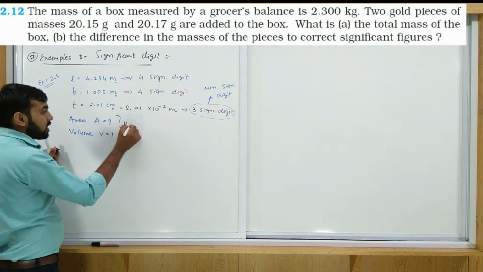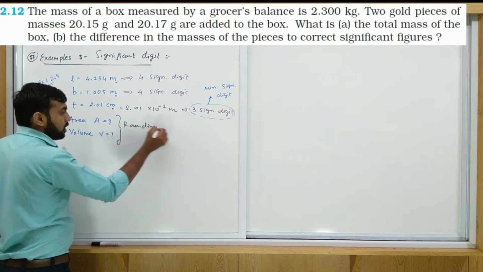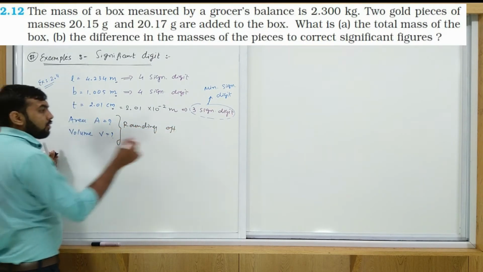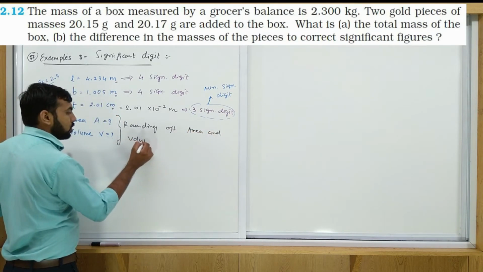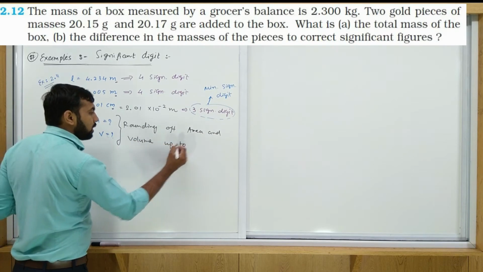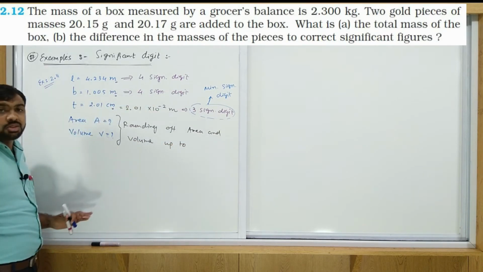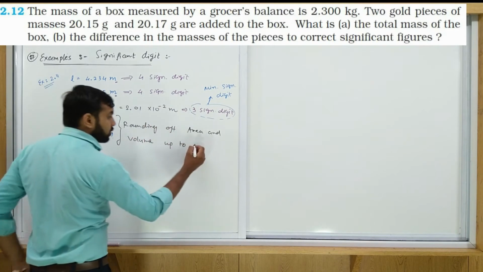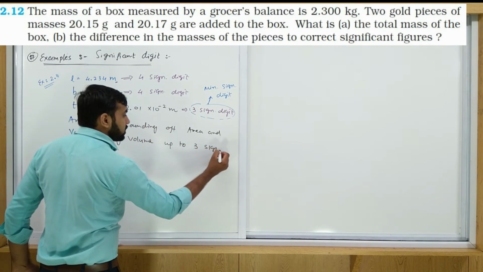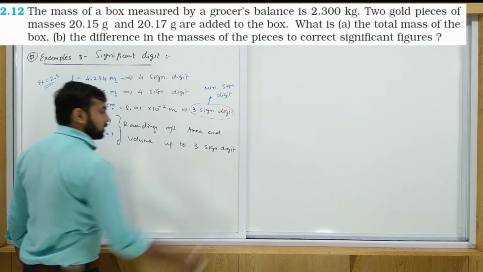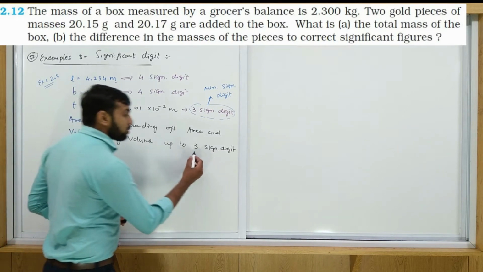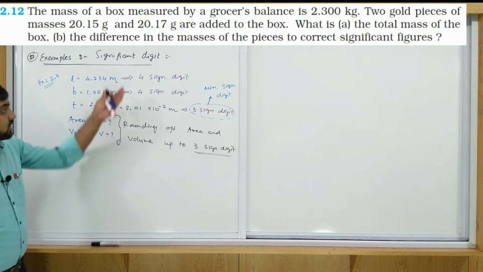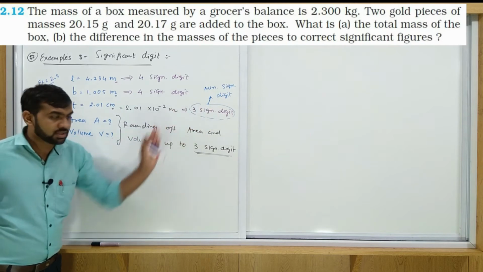So rounding off area and volume up to what? 4 or 3? Which one is minimum? 3 is minimum, so up to 3 significant digits. Okay, that's clear to all of you. First, you must understand why I am rounding this value up to 3 significant digits: because here we have 4, 4 and 3, so the minimum is 3.